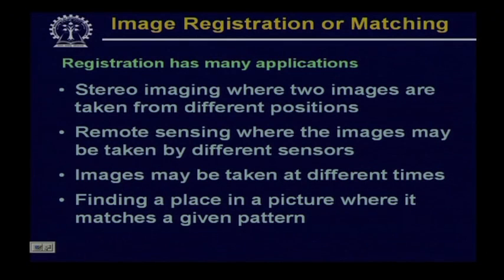The other application that we have just said is in remote sensing, where the images may be taken by different sensors working in different bands, and even the sensors may be located in different locations. So, the images of the same scene are taken by different sensors working in different bands, and they are also in different geometrical locations.